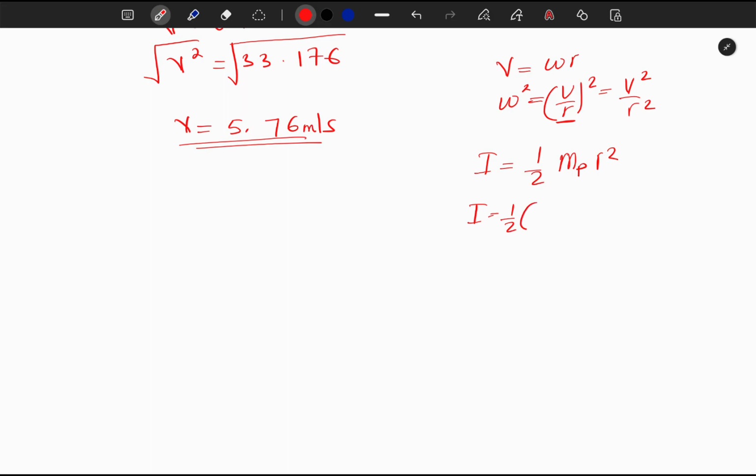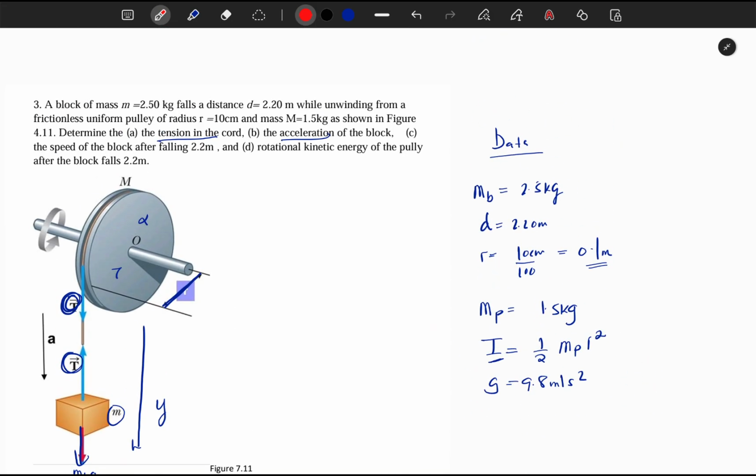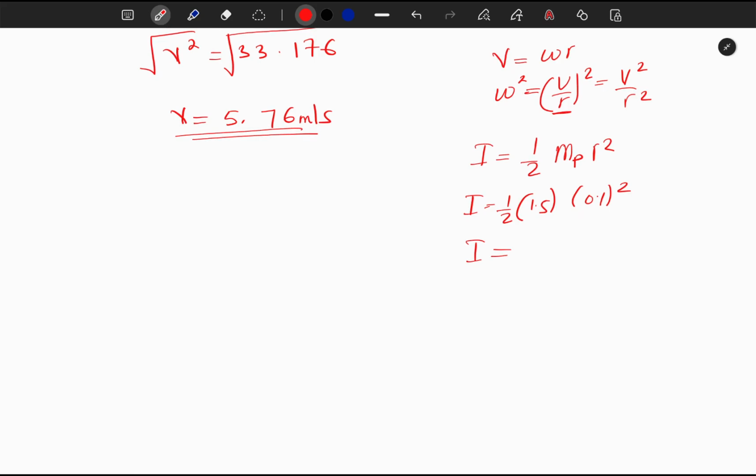So we have half, and there we have the moment of the pulley. The mass of the pulley is 1.5. Then the radius is 0.1. We square it. Let me confirm again. Okay, 1.5. Thank you. So now let's evaluate that one. I'm getting 0.0075. Of course, it's kg meter squared. That's our moment of inertia.